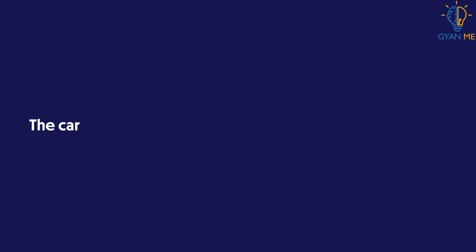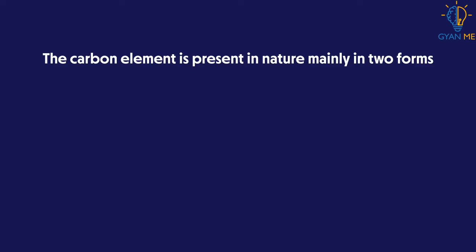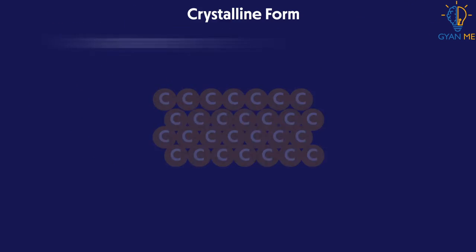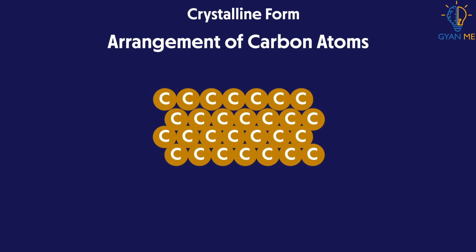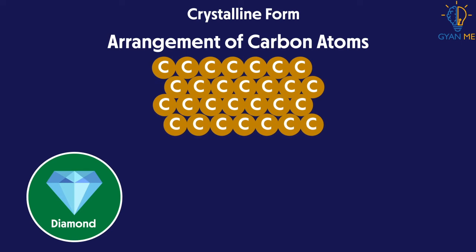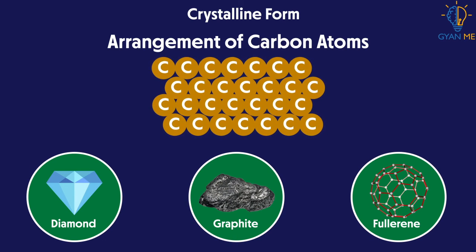The carbon element is present in nature mainly in two forms, crystalline form and amorphous form. In crystalline form, carbon atoms are arranged in a particular order or in a fixed shape. For example, diamond, graphite and fullerene are crystalline forms of carbon.